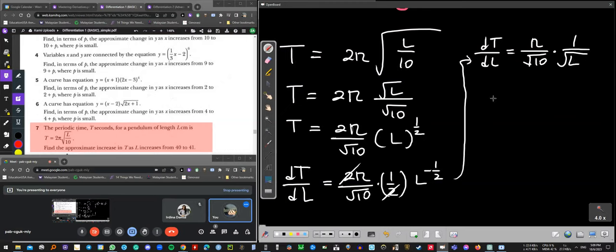Senang nak buat kerja. Dan kita ada dt dl means kalau guna formula, kita akan ada approximation yang macam ni. dt dl will be roughly equals to, roughly approximated to delta t over delta L. Okay, tengok yang naik tu L ke T daripada 40 jadi 41.